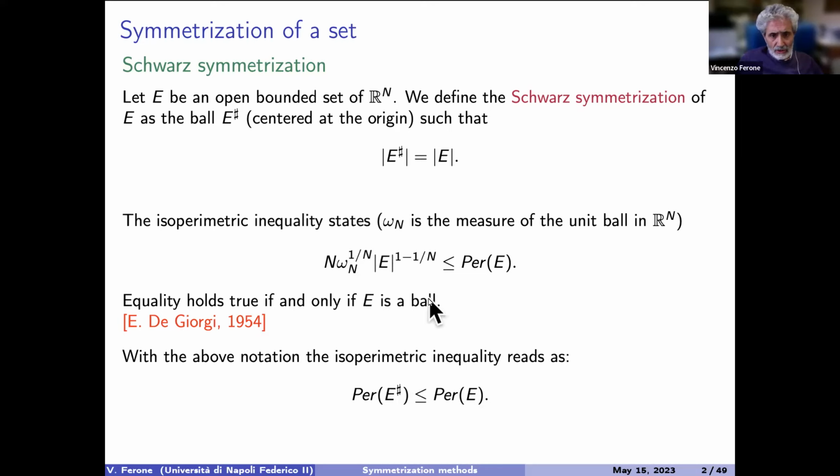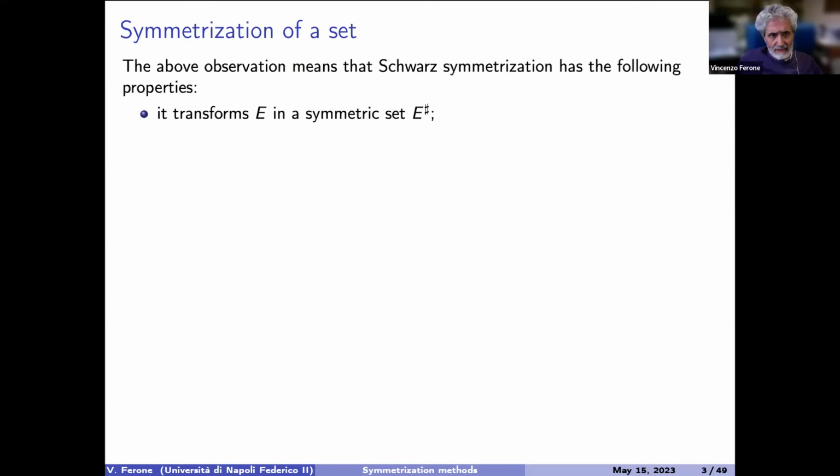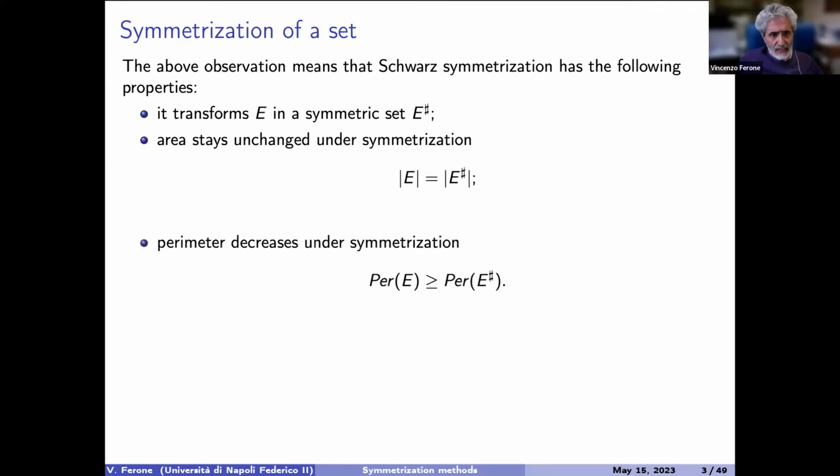So this symmetrization transforms E into a symmetric set, the most symmetric one, leaves unchanged the area or the volume, and the perimeter decreases under symmetrization.